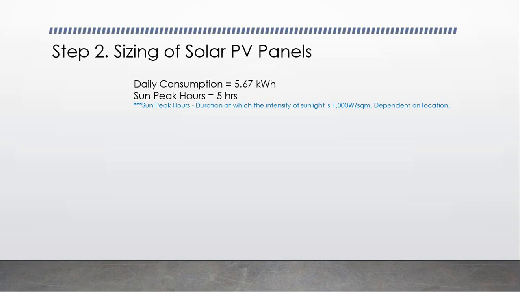There are locations where they have longer days and some will have longer nights. So this bit of information, I will let you Google yourself, to find out what the sun peak hours are for your location.